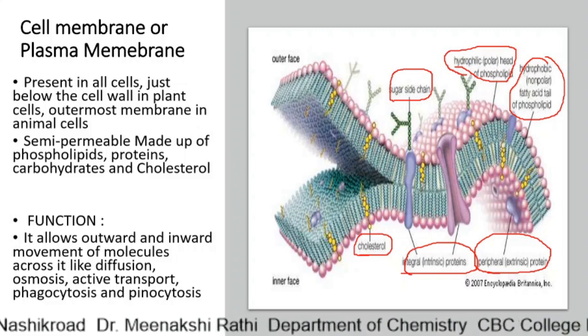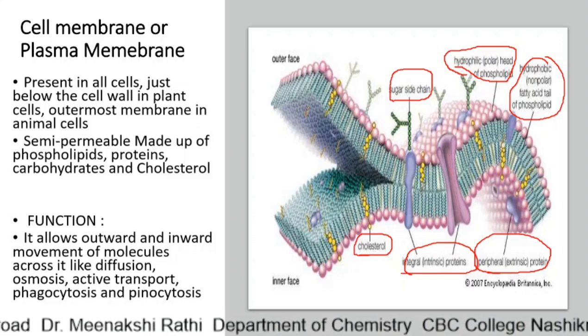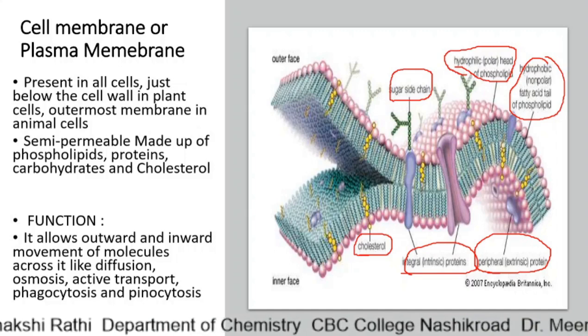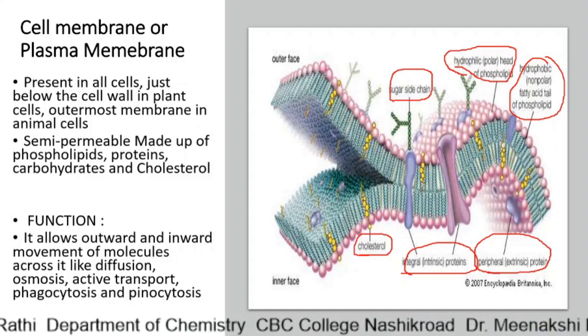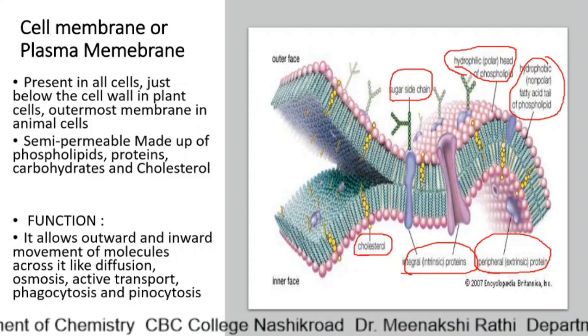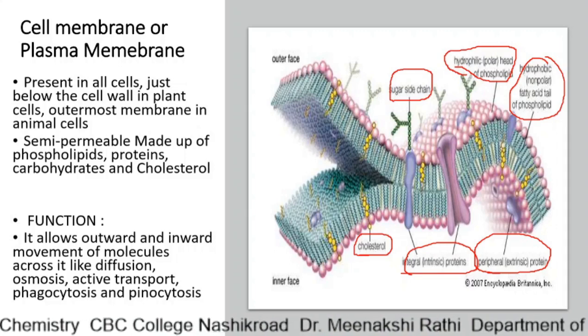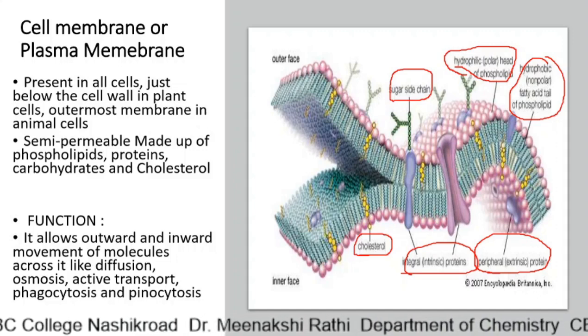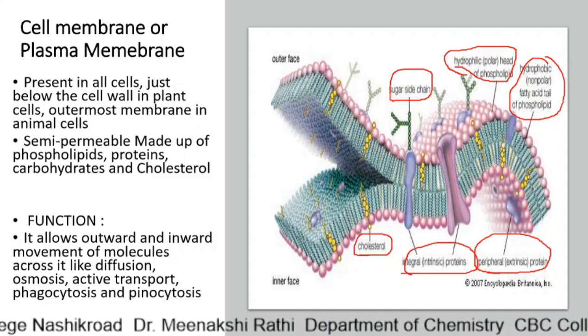Moreover, it permits only one-way passage for molecules like minerals into the cell and restricts their outward movement. Once minerals have entered the cell, their outward movement is controlled so that they can stay in the cell only.